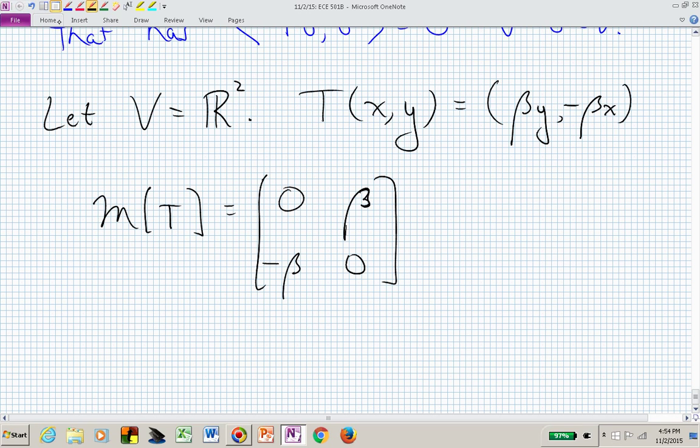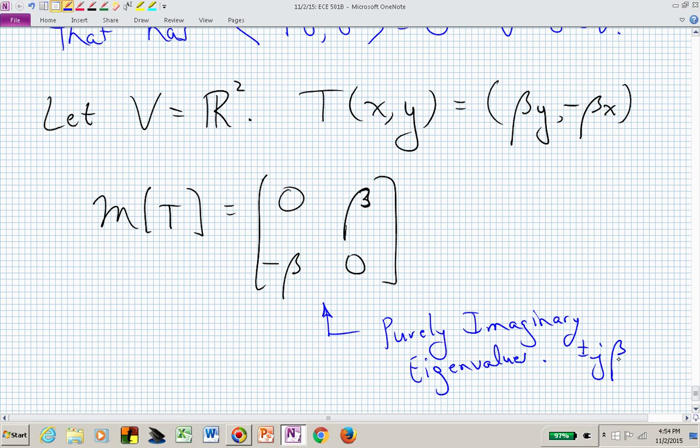Do you recognize, or if you have some experience with eigenvalues and matrices, does this structure hint to anything about the eigenvalues of that matrix? Pardon? So these are purely imaginary, aren't they? These eigenvalues are purely imaginary, and they're at plus and minus j beta.